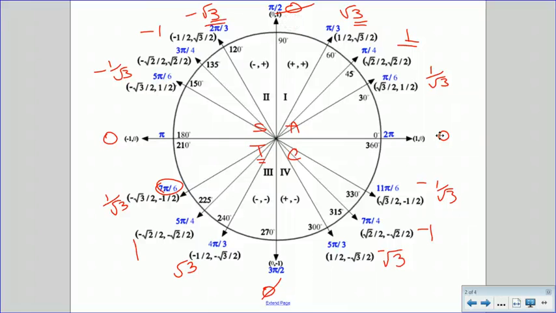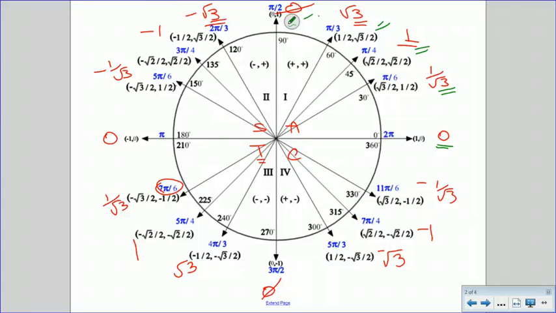Okay, so you've heard me refer to my little trick for memorizing tangent. Tangent is small, 0. Medium, 1 over root 3 is a little bit bigger than 0. 1 is a little bit bigger than 1 over root 3. Root 3 is a little bit bigger than 1.